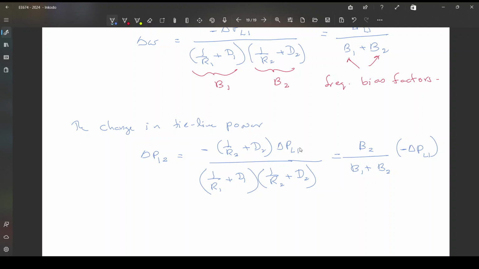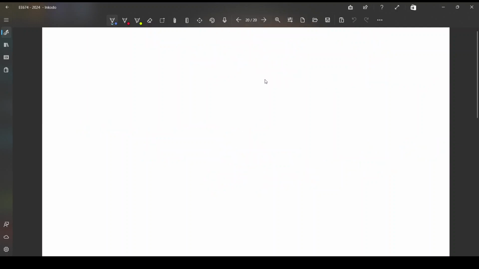Okay, so let's talk about how we can control the tie line power flow, right? So I would say tie line bias control.